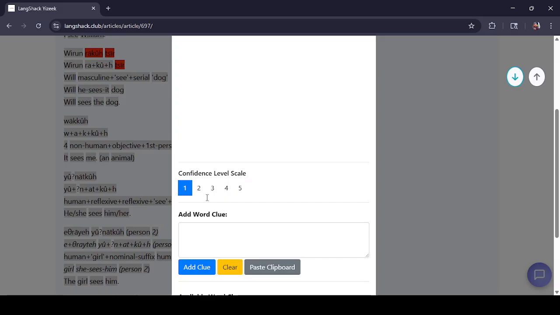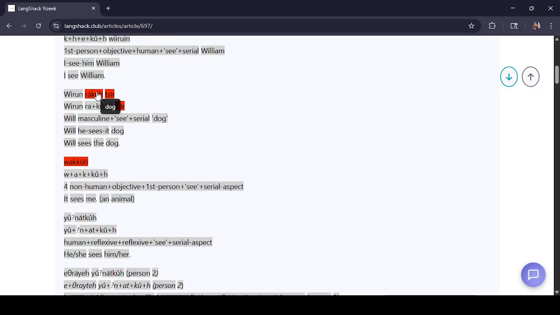So if this were exclusively a male, it would definitely be a ra at the front for sure. I can say that because raku is he sees it.